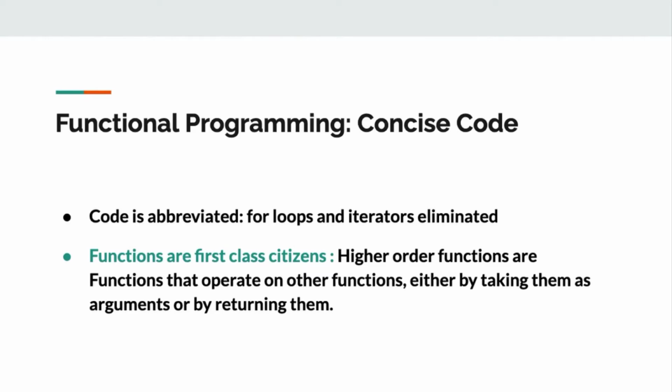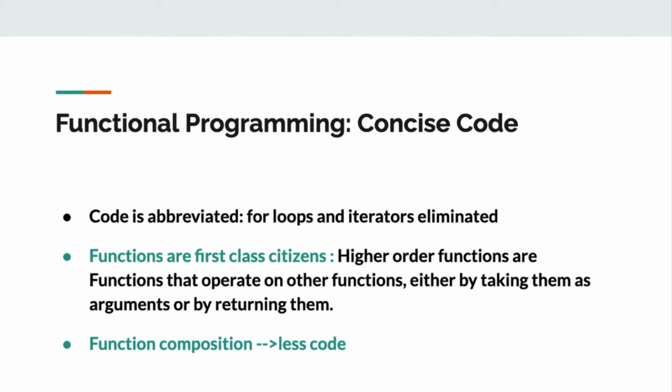And in functional programming, functions are first class citizens. Well, what does that mean? Well, it means that they can be passed to other functions as arguments. And the functions that operate on other functions, either by taking them as arguments or by returning them, are called higher order functions.